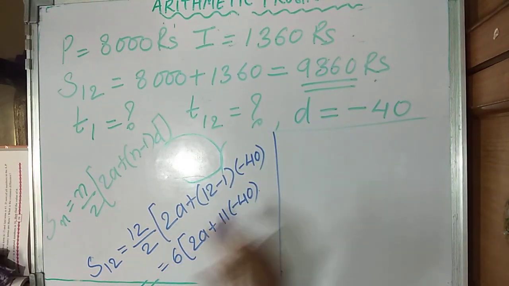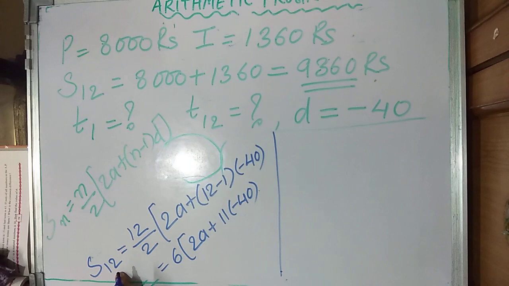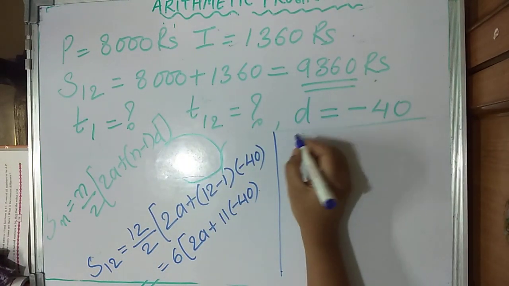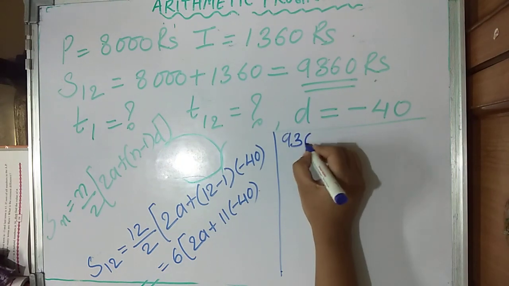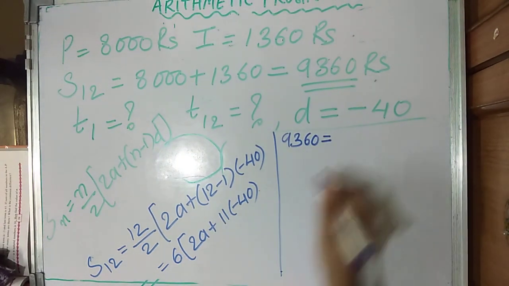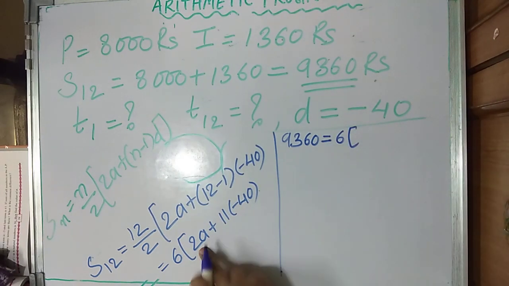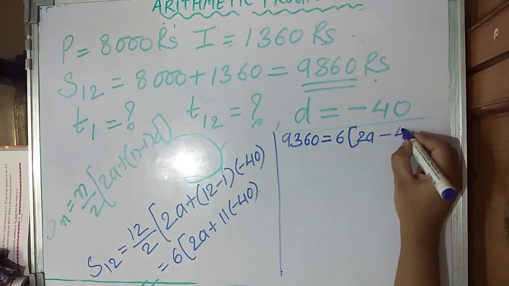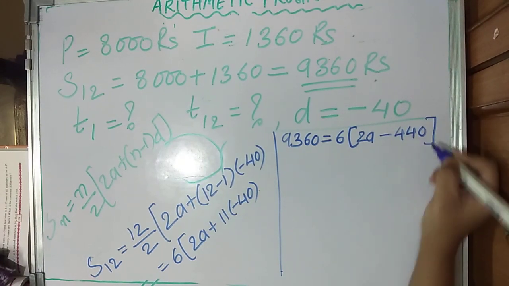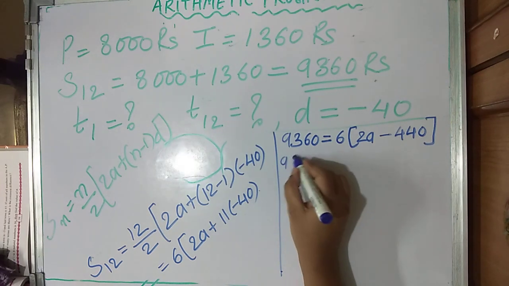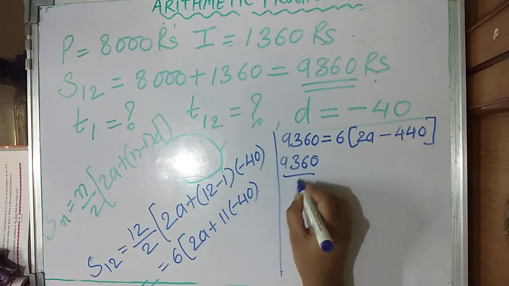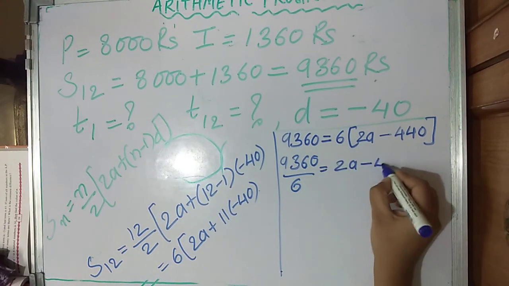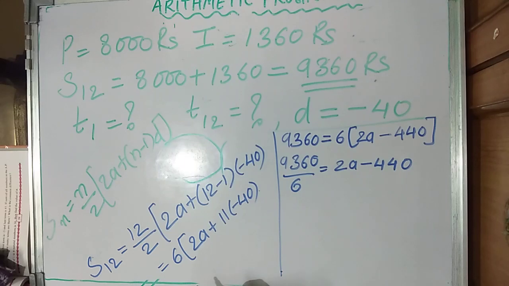Now S12 answer also we know, that at the end of 12 installments he is paying 9360. So 9360 is equal to 6 into (2a minus 440). This will become 9360 upon 6 is equal to 2a minus 440.